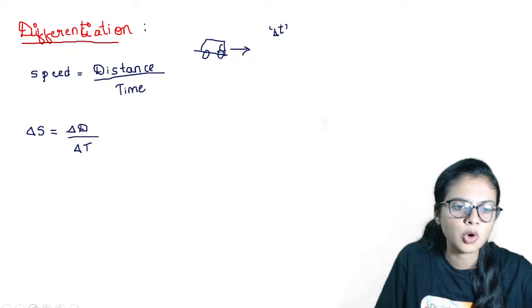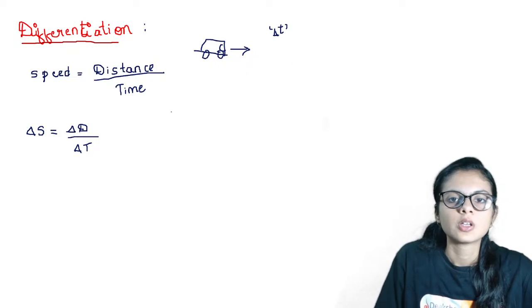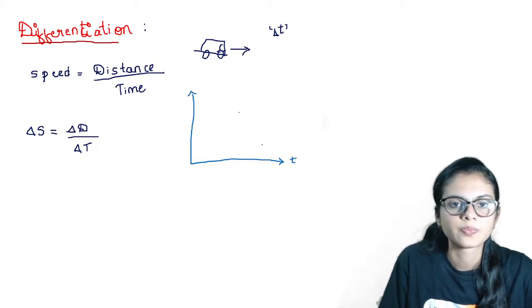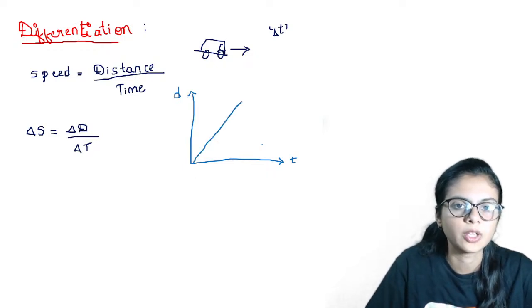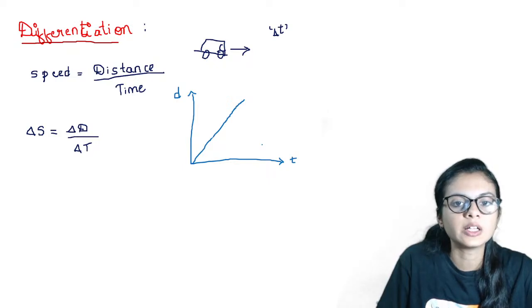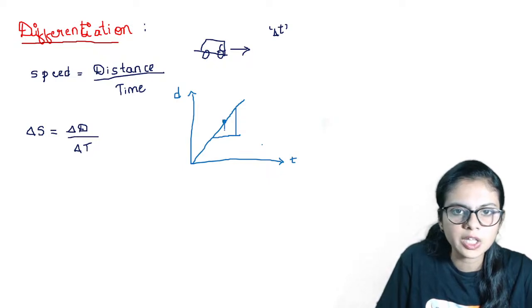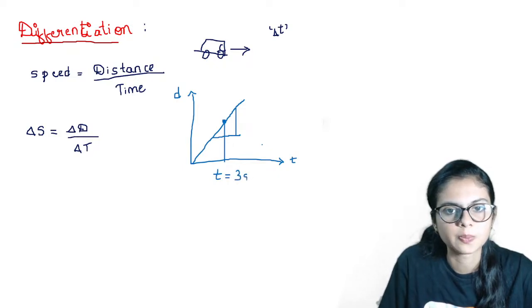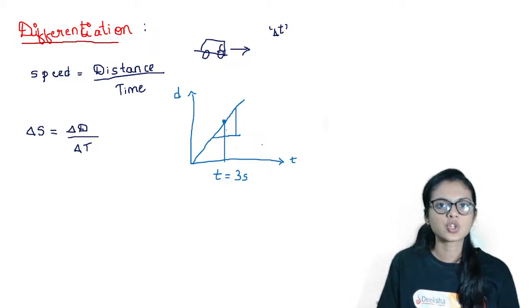So let me explain this more properly. If I write in the equation, you'll not get it properly, so let me draw it. This is the time axis, this is distance, and this is the vehicle going. If I want to find in this particular time, I can just take a slope. If I want particularly at a point t equal to 3 seconds, then getting the slope at a very small time range is difficult.